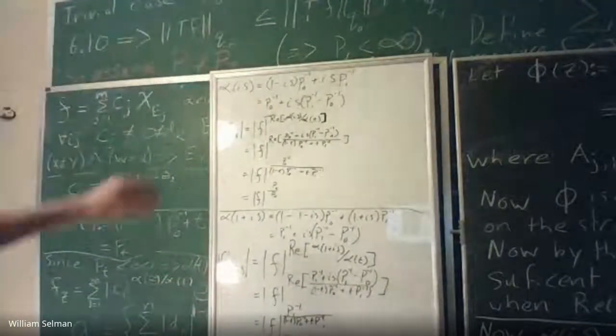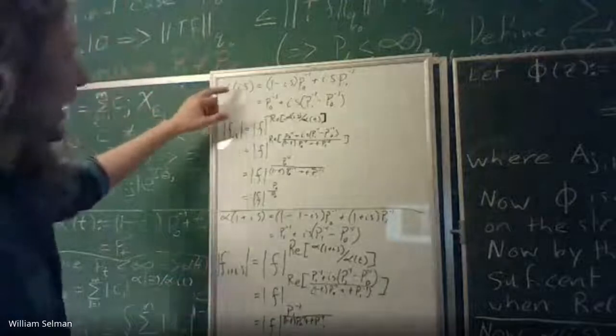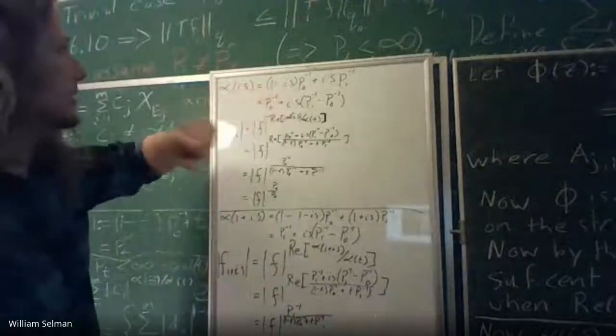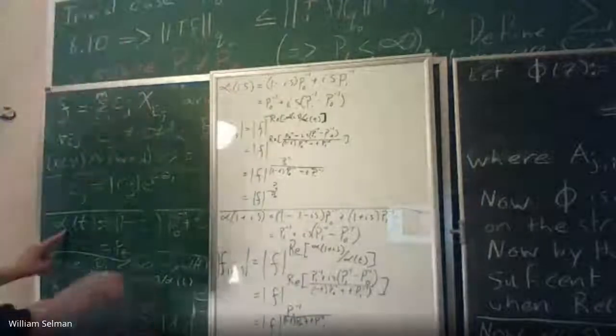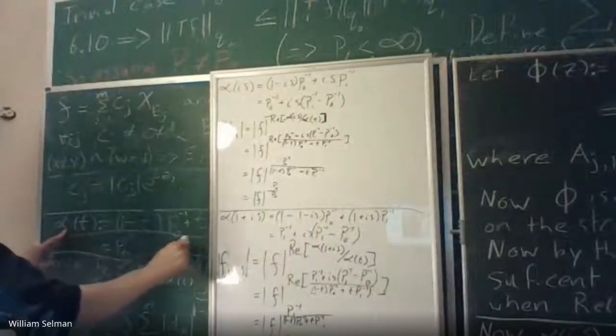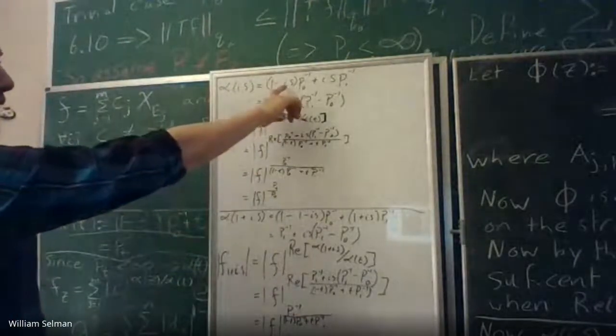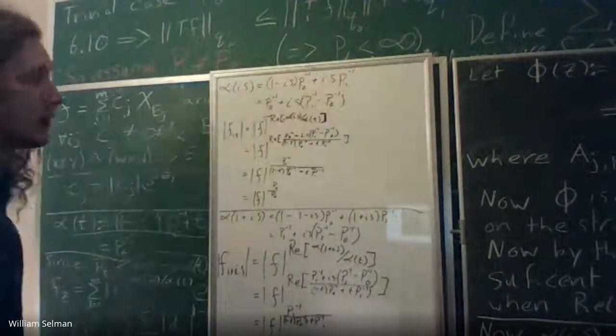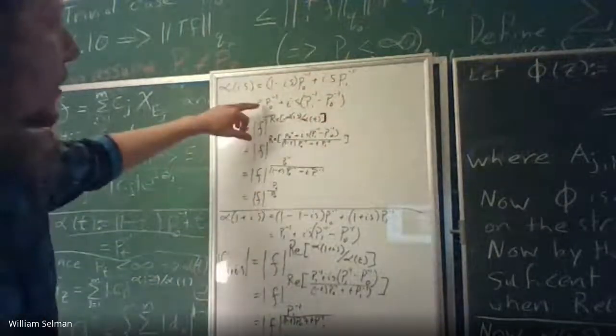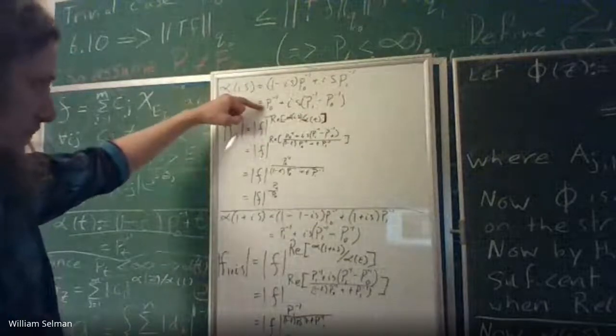Okay, so we have alpha of IS is equal to 1 minus IS, and this follows directly from the definition of alpha here. We have 1 minus IS, P naught inverse, IS, P1 inverse, which we can then simplify to here.